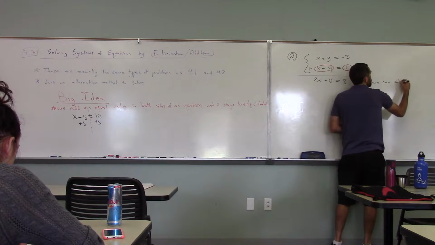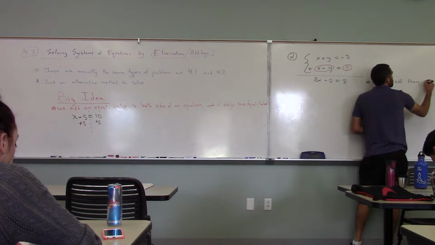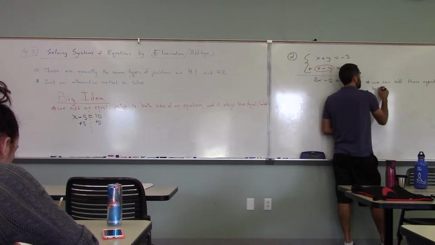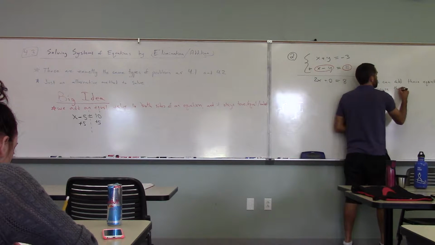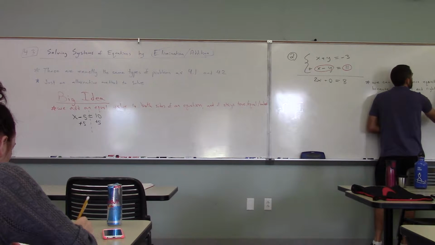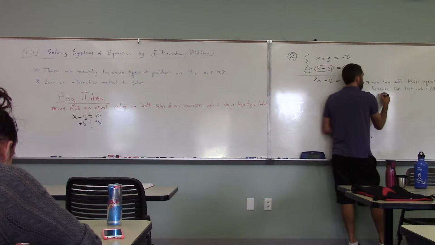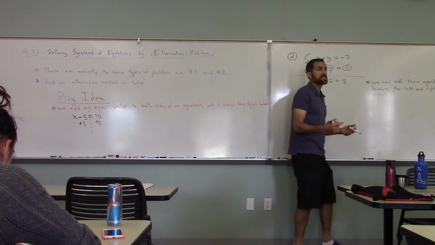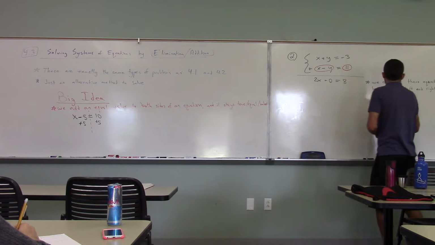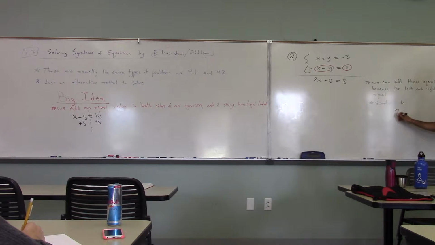We can add these equations because the left and right are equal. This is similar to I have 8 equals 8, and I'm adding 5 and 5 to both sides because 5 and 5 are equal.